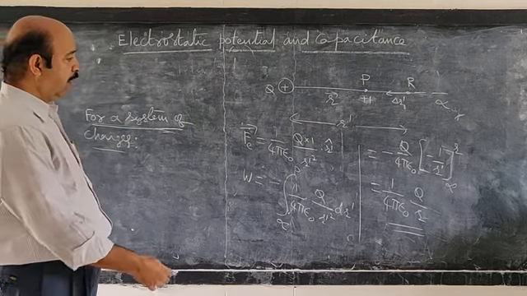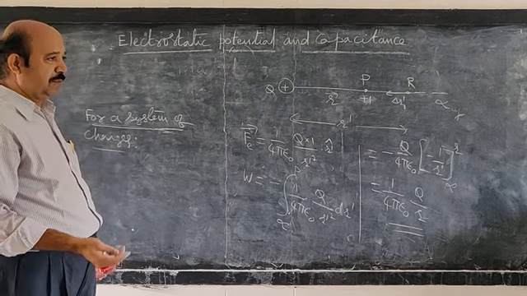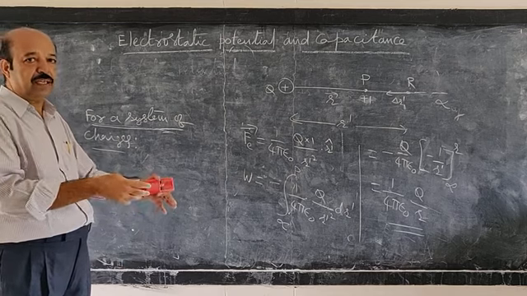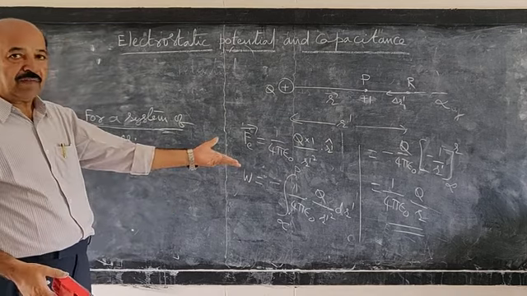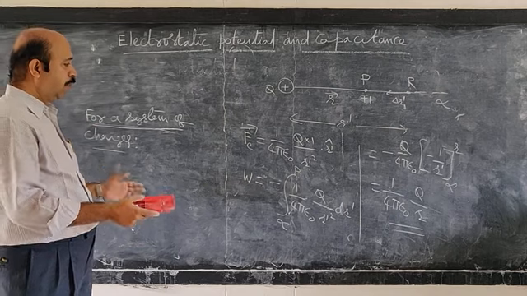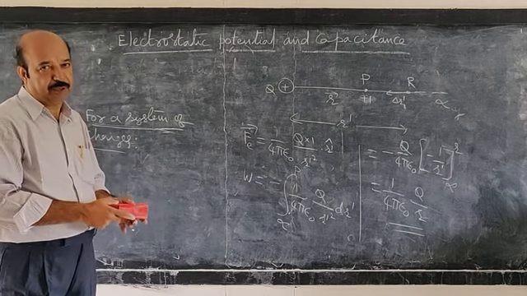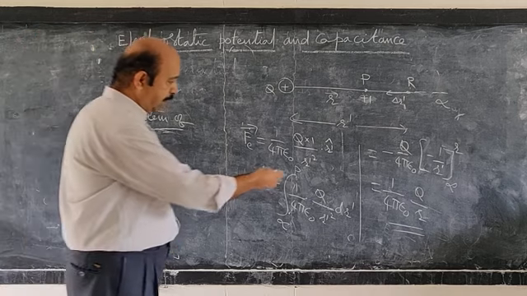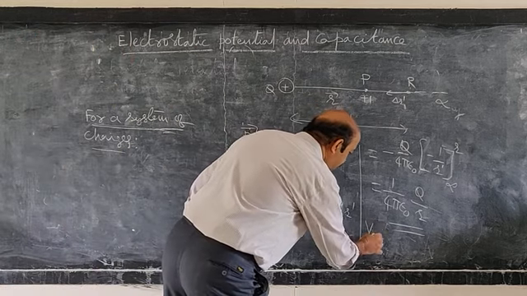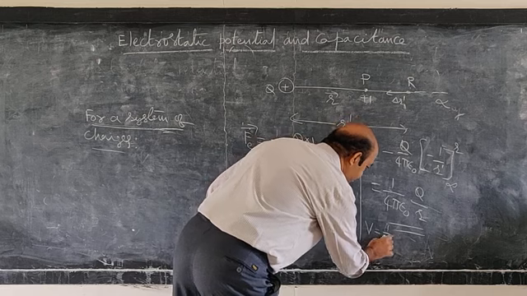Potential is nothing but work, which is a scalar quantity, so the potential due to all the charges at that point has to be added algebraically. Generally we use the symbol V to represent the potential.